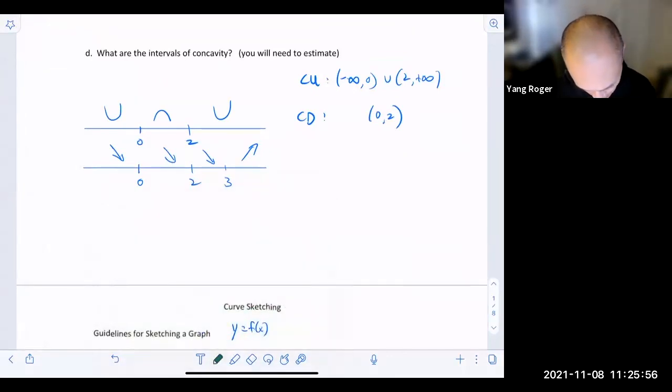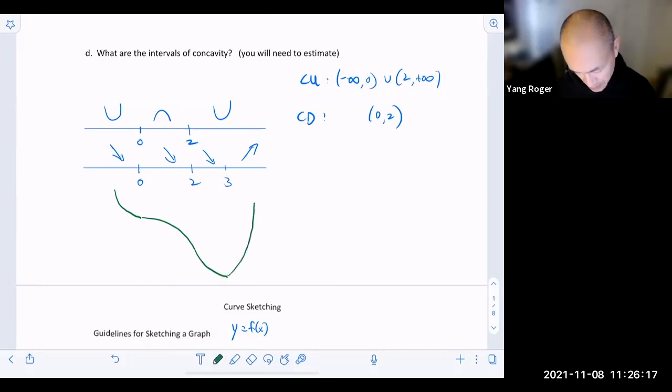It's concave up and decreasing, so it looks like that. Then it's concave down and decreasing, so it looks like this. Then it's concave up and increasing, so it looks like this. Then we have a local minimum here. This is a min. And then it's concave up and increasing, so it looks like this.